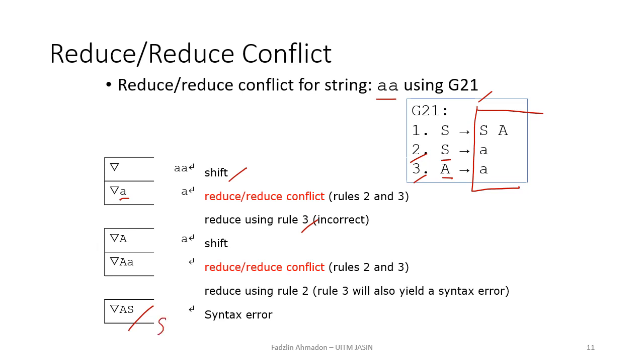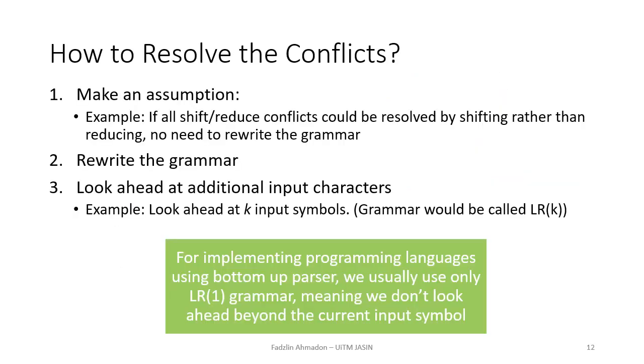However, if the parser has chosen rule 2 over here, this string AA would have been able to be accepted by grammar 21. But since this grammar is ambiguous and makes it confusing to the parser, we say that this grammar is not LR. How do we resolve the two conflicts, shift reduce conflicts and reduce conflicts?